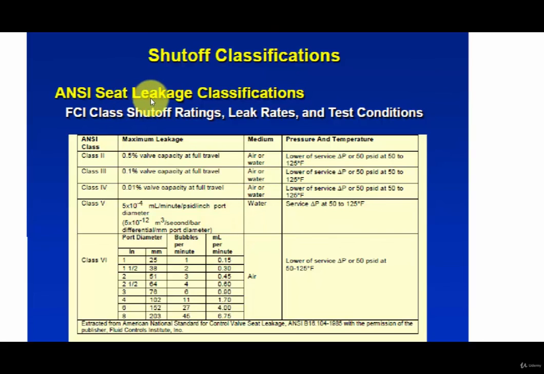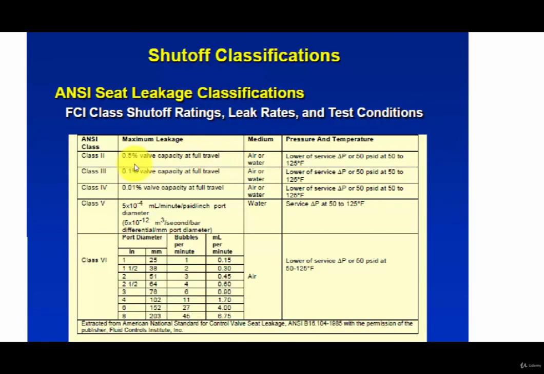So seat leakage classification, FCI class shut-off ratings. It is also called shut-off classifications. When the valve is fully shut off, how much leakage is allowed? That is classified according to this selection. Class 2 means it will allow 0.5% of valve capacity at full travel, air or water medium.